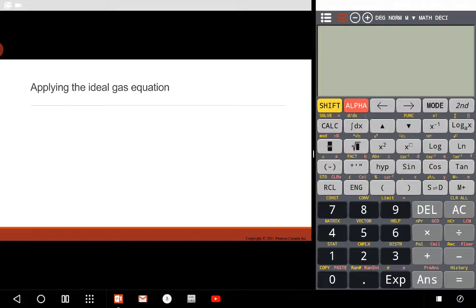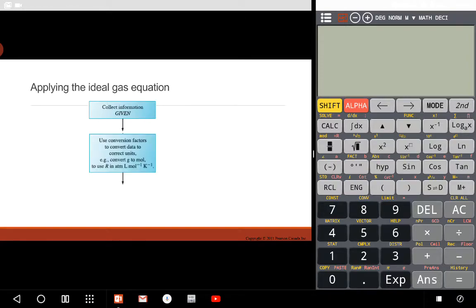So a general strategy for applying the ideal gas equation is to collect your information given and look to see what units you're given and whether you need to do any unit conversions in order to match your value of R that you've selected. If you always like to use the value of R that's in liter atmospheres per mole Kelvin, then you're going to need to match those units.